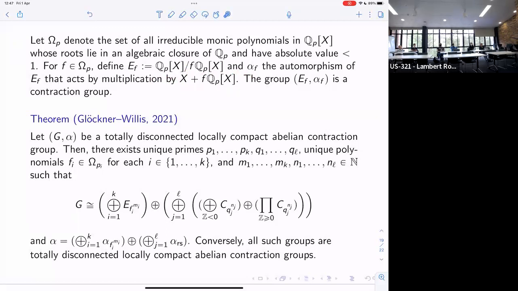Okay? And it turns out that these groups are contraction groups, although it's not completely obvious why that would be. And in a theorem in the same paper by Willis and Bloeckner, it was shown that every TDLC abelian contraction group is a direct sum of finitely many copies of groups of this form EF, and also finitely many copies of a restricted direct product of cyclic groups of prime power order.